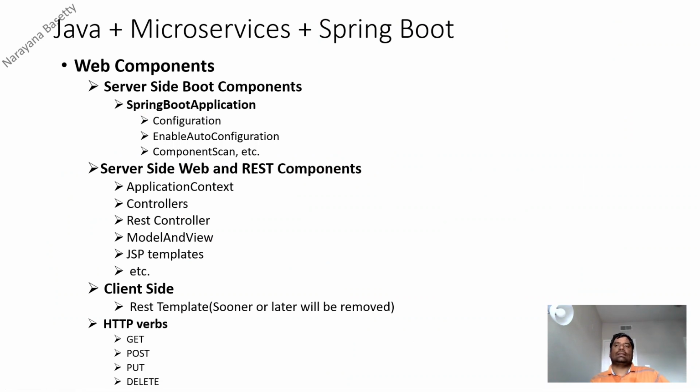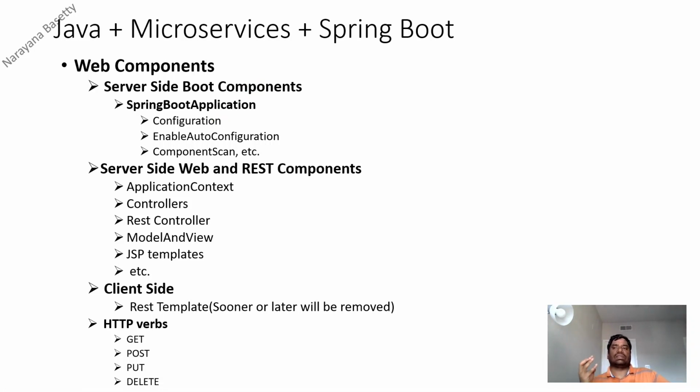As I said, the web component has been divided into server side as well as the client side. On the server side, whenever I want to build a microservice using Spring Boot, Spring Boot by default comes with the Spring Boot application annotation. This annotation is used to enable three sets of sub-components.